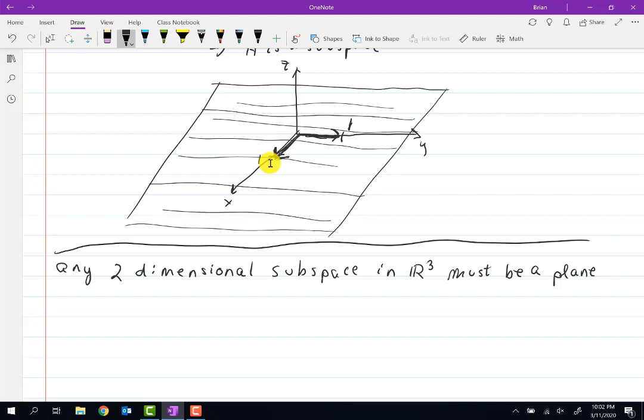It must be a plane that passes through the origin. Well, that's just because the 0 vector has to be in it. That means the space must have the 0 vector in it. It must go through 0, 0, 0. So seeing as that's in there, the space must pass through that particular vector and hence contain it.